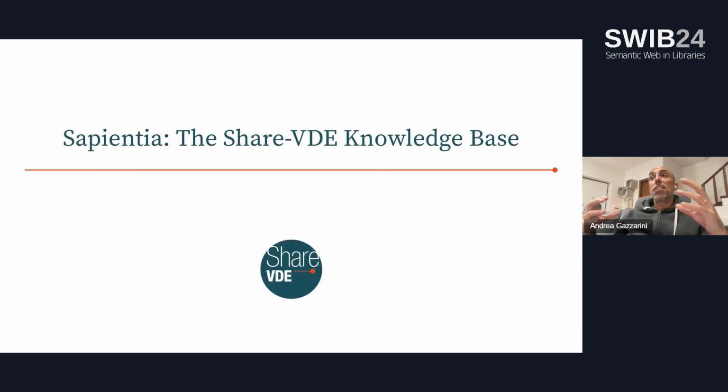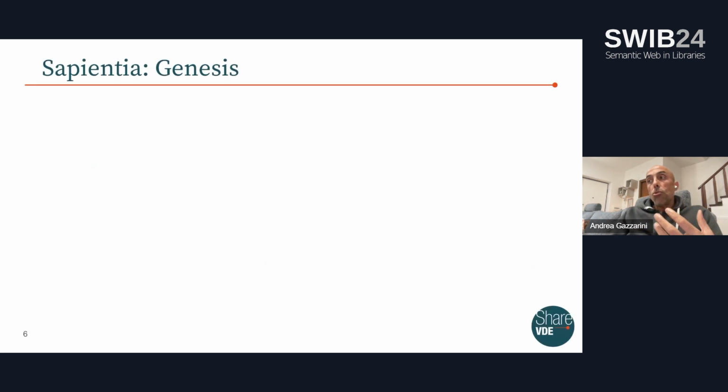Behind the end user system, we have what we call the knowledge base, Sapientia, the Share-VDE knowledge base, where data is stored. So it's useful to understand how it is created.